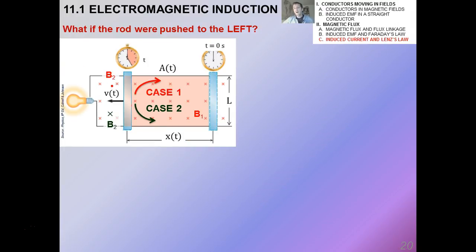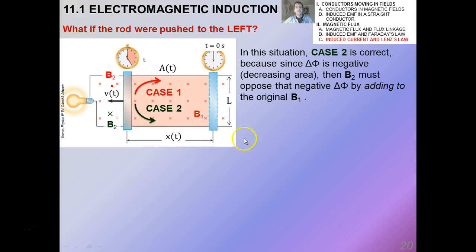Now, what if the rod were pushed to the left? If it started over here and then went in this direction, would the induced current be case 1 clockwise or case 2 counterclockwise? In this situation, it would still be case 2, because since delta phi is negative, it's a decreasing area, then B2 must oppose that negative change in flux by adding to the original B1.